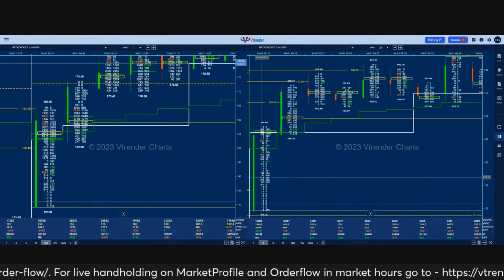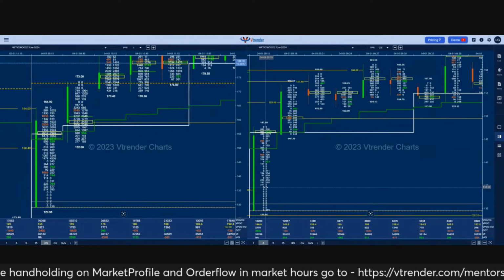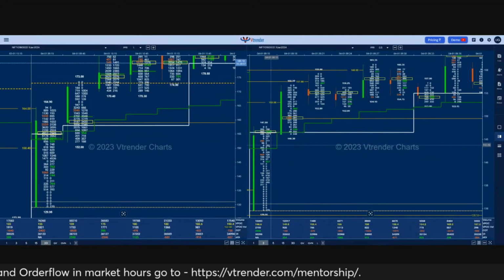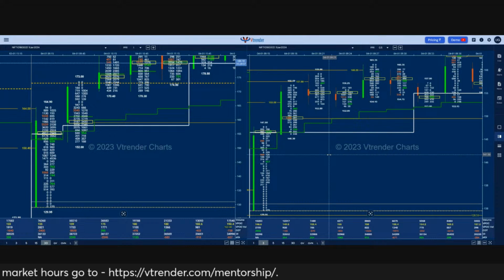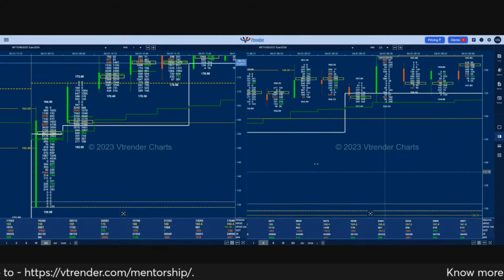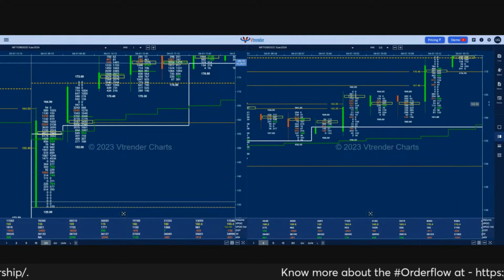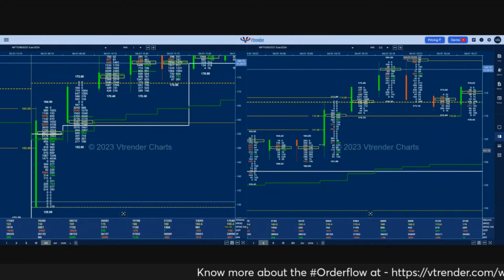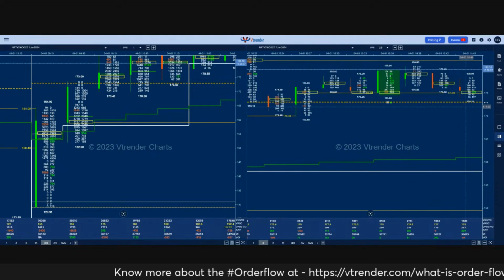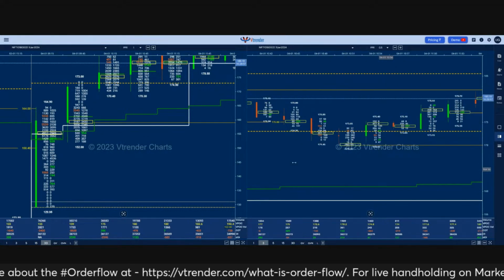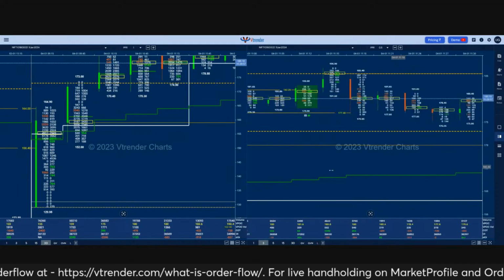So this 134, 130 level could have been taken as a support, and you could have had this long position trade in the option. So for options it's a similar process, where we look for a fresh IB signal to come up to take a long trade and trail our existing positions.